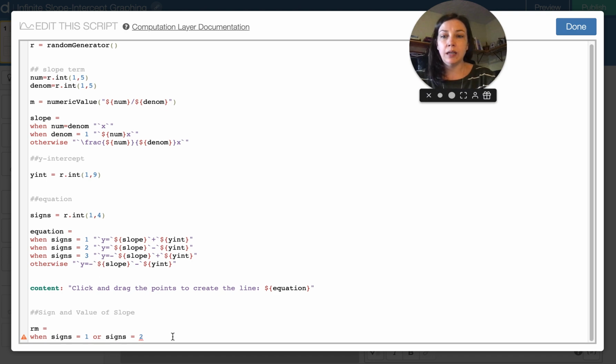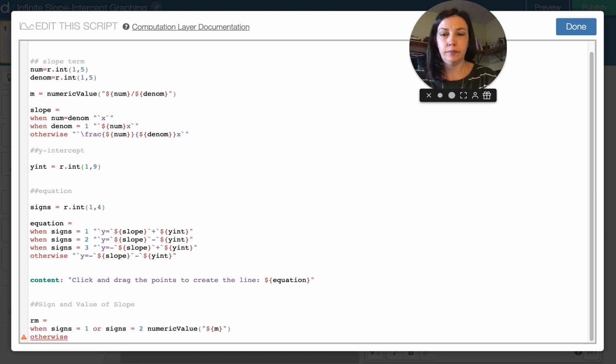So when signs is 1 or 2, then the slope is what it says it is. We don't have to change the sign. So this will be the numeric value of, I'm forgetting my notation here, quotation marks, and then that notation for M. Okay.